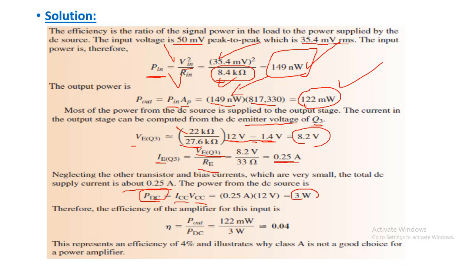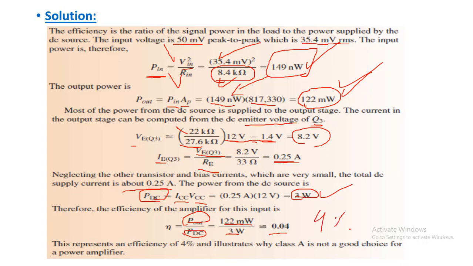The output power was 12 milliwatt, and the DC power is 3 watt. To find the efficiency of the amplifier, you divide P_out by P_DC. If you divide this, you get 0.04, or you can say 4%.